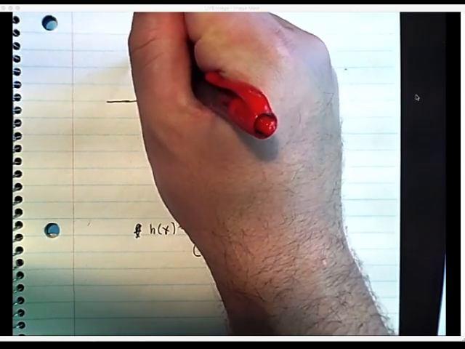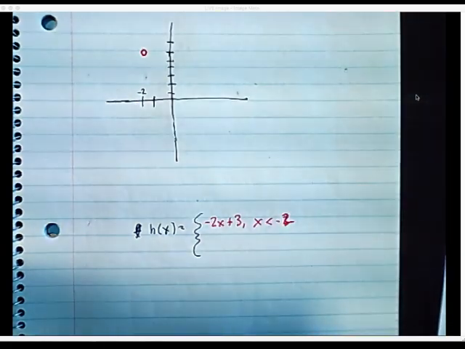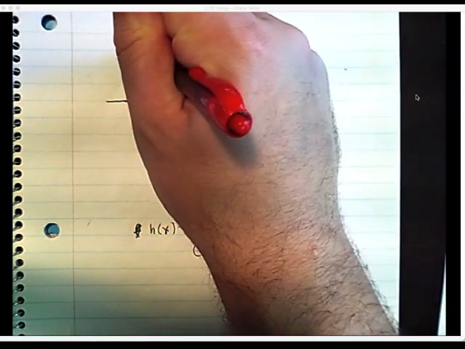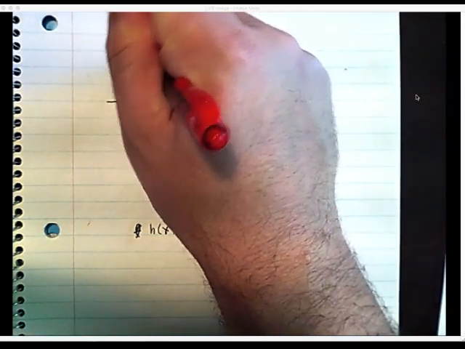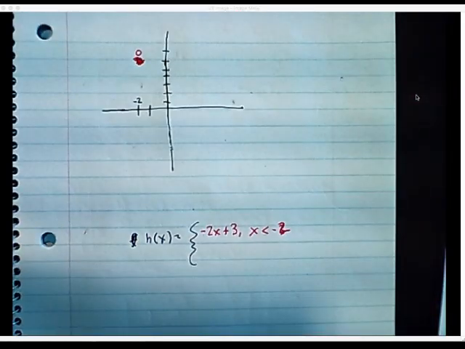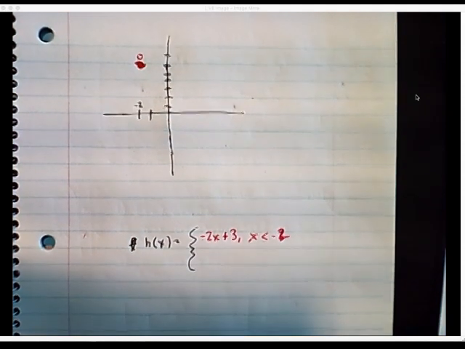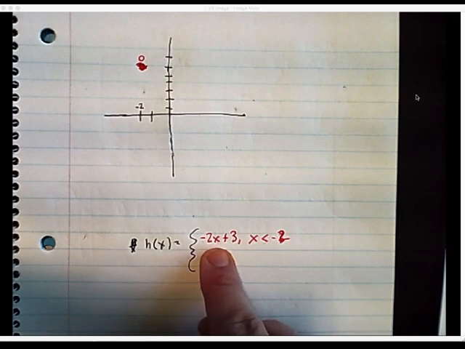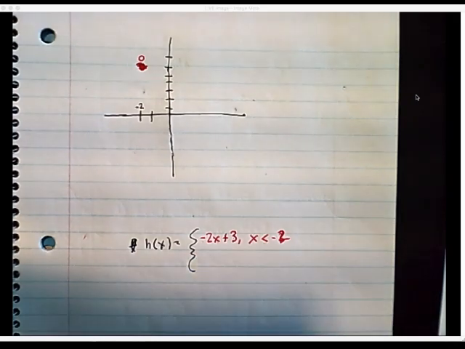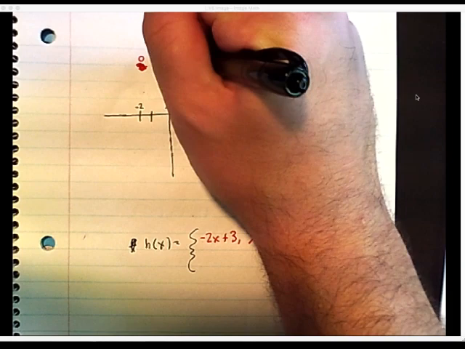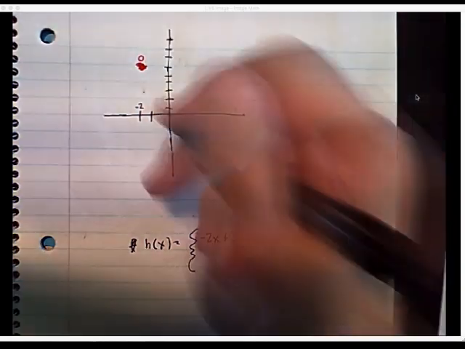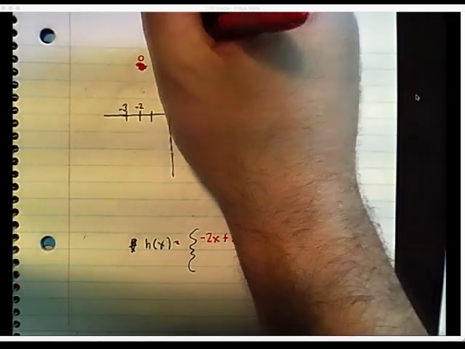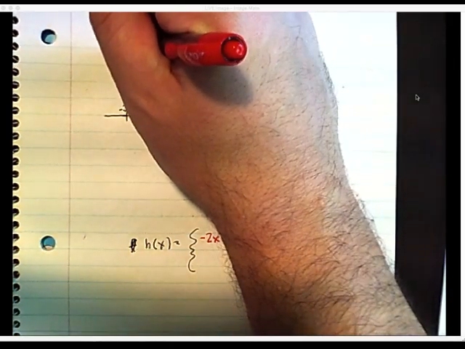I'm going to put an open circle at 7. Here's 7, so imagine that's not a filled-in point. And what about if you plugged in negative 3? Negative 2 times negative 3 would be positive 6, plus 3 would be 9. So when x is negative 3, the y value there would be 9.